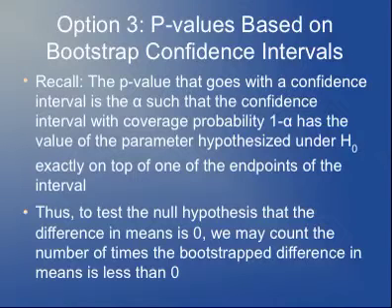You can find a bootstrap confidence interval such that the test statistic lies on one end of the confidence interval, then calculate the coverage level for that confidence interval, and use that to calculate a p-value. So for practical purposes, if you want to test the null hypothesis that the difference between two means is 0, you can just count the number of times the bootstrap difference in means is less than 0, multiply by 2 if you want a two-sided test, and divide by the number of bootstrap replicates.